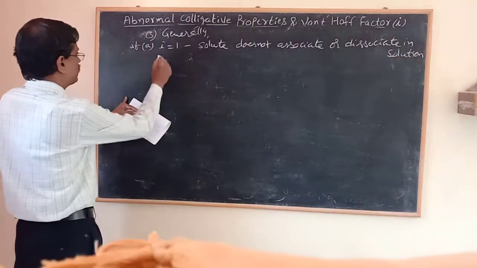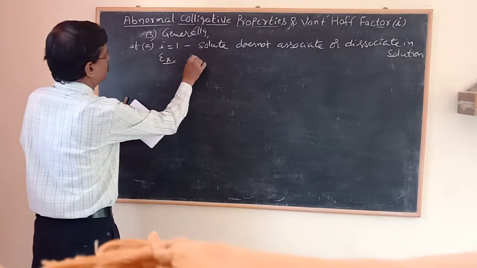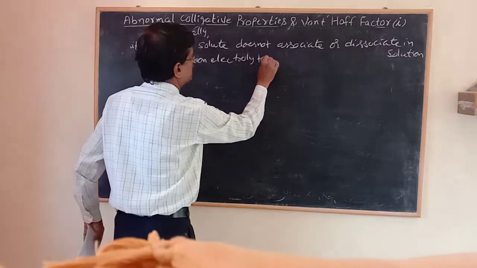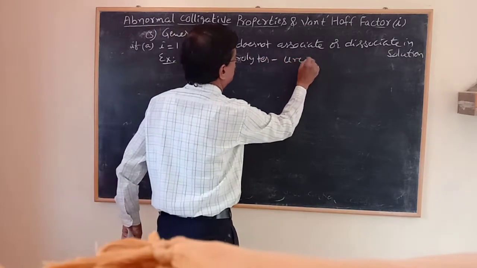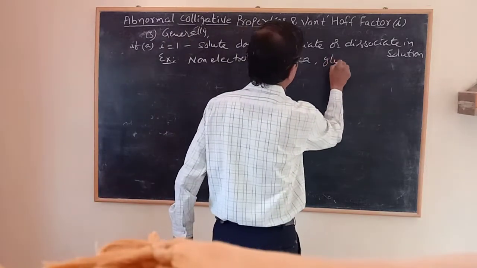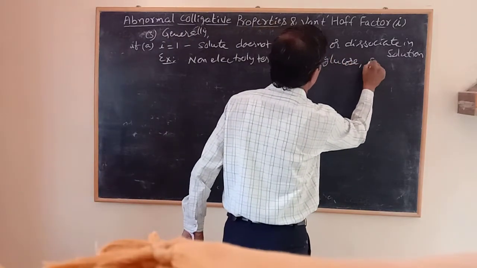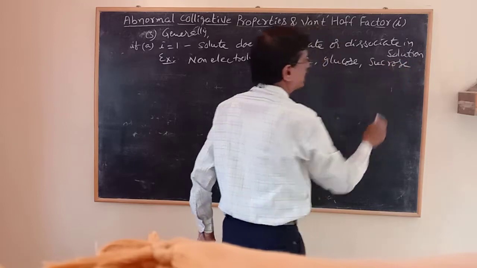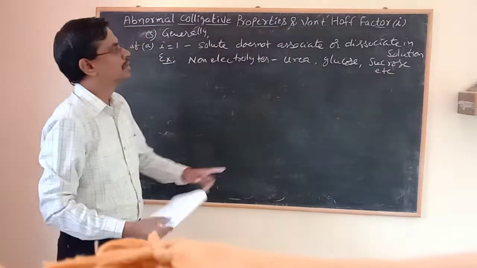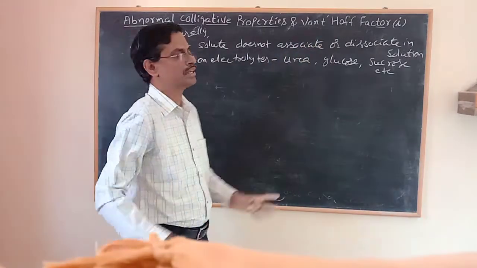Examples coming under this are usually non-electrolytes: urea, which will not associate or dissociate, glucose, and sucrose, the sugar. These are examples of molecules which do not undergo association or dissociation.